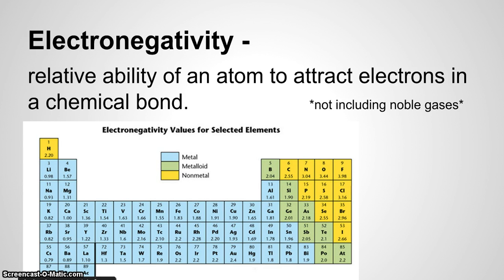If you recall, electronegativity is the relative ability of an atom to attract electrons in a chemical bond. And this chart that's given to you in your notes gives you values for electronegativity for all the elements, not including noble gases, because if you remember, noble gases don't bond with things, so they're generally not included in charts of electronegativity.